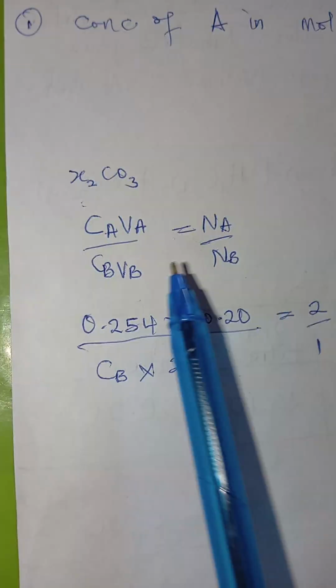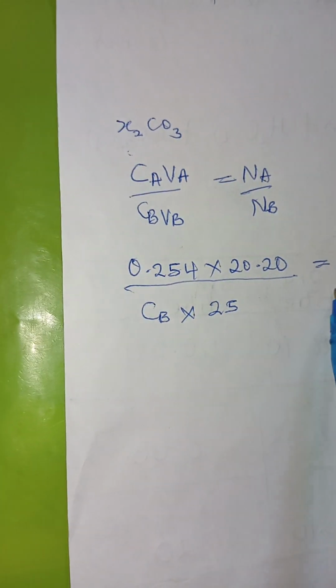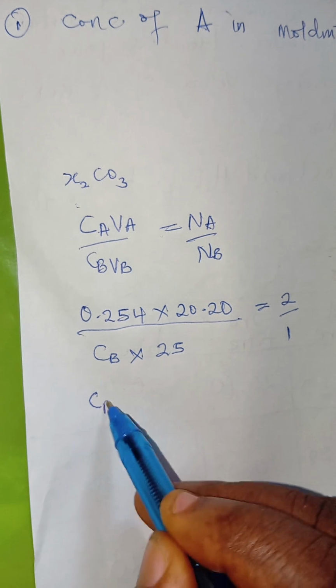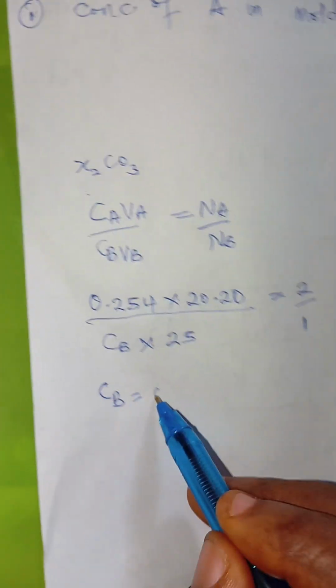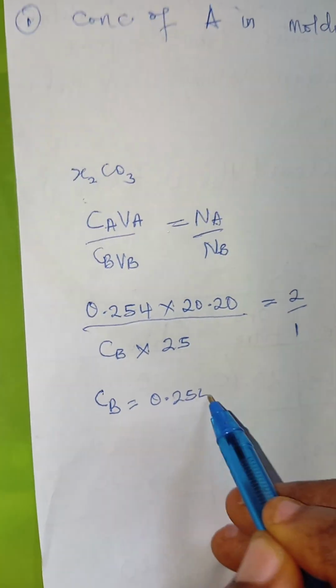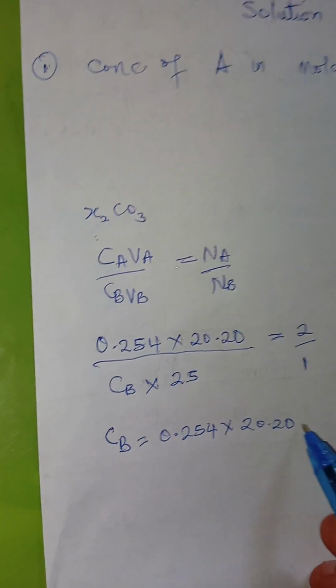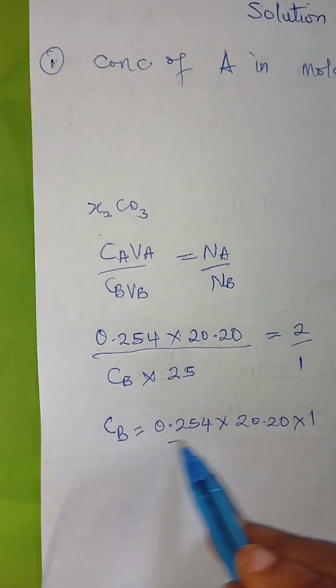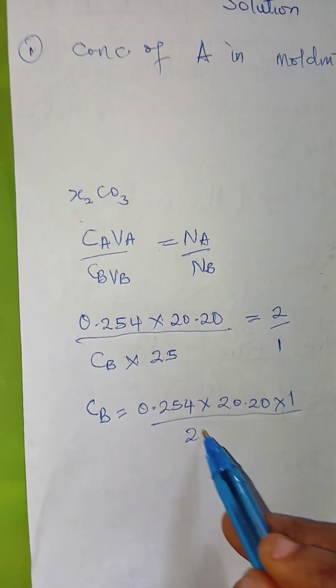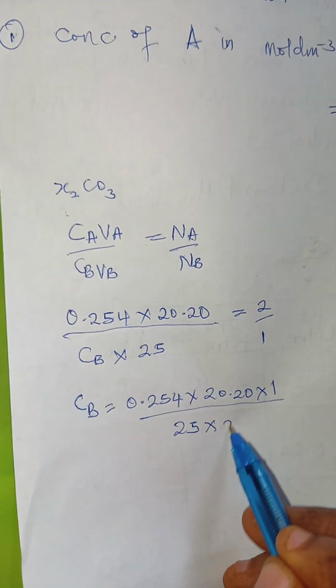So please follow the procedure. Write your equation first. Substitution. Make CB subject of the formula. When I make CB subject of the formula, I'm left with 0.254 times 20.20 times 1 all over 25 times 2. So what do I have?